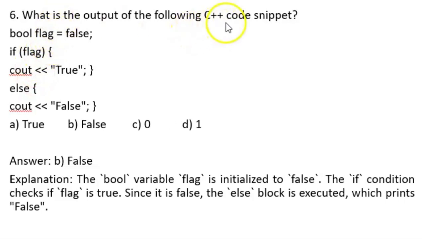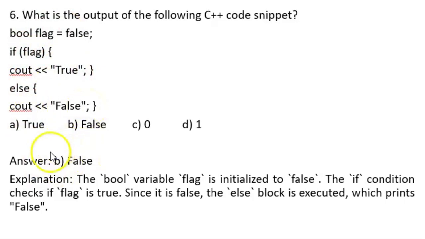Question number 6. What is the output of the following C++ code snippet? Bool flag equals false. If flag, cout true, else cout false.